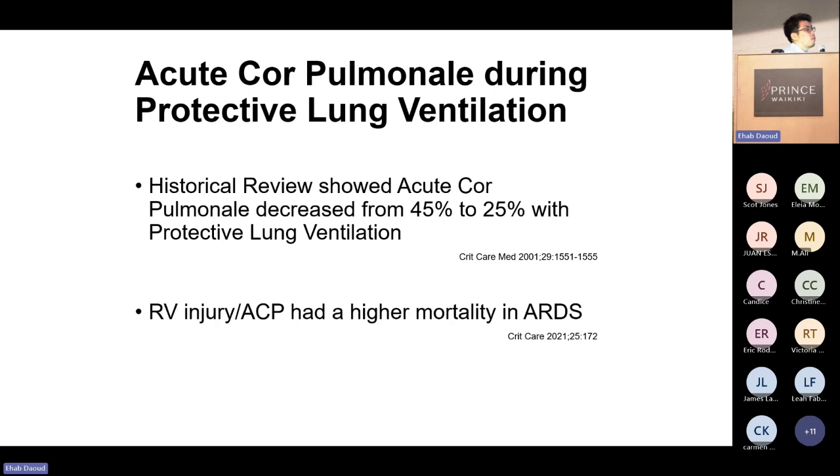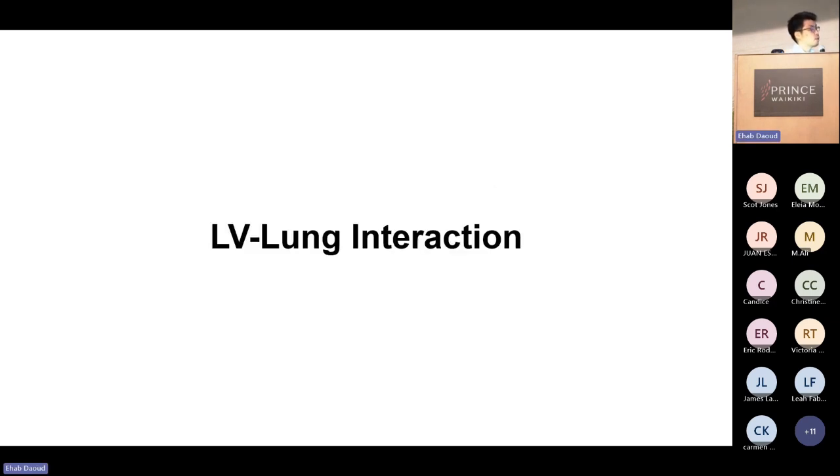So based on this, I think being adherent to protective lung ventilation may actually help the RV, and positive pressure ventilation is not always bad for the RV. So here, moving on to the LV-lung interaction. This is a little bit different from RV and lung interaction.